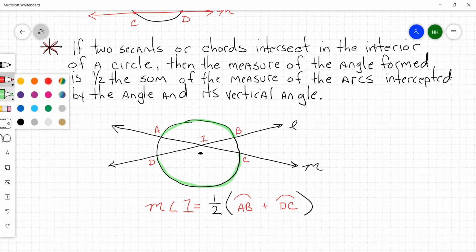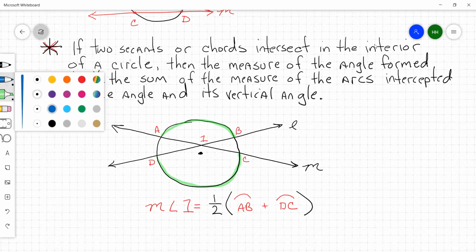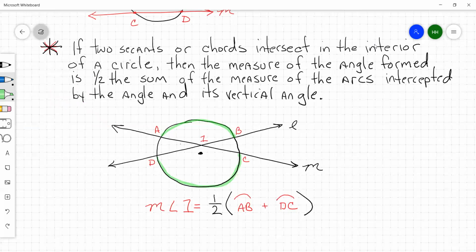Now right here, let's put an angle 2. And then over here, let's say, based on this first rule, the measure of angle 1 equals 1/2 of arc AB plus arc DC. So now use your higher order thinking and write the rule for the measure of angle 2.